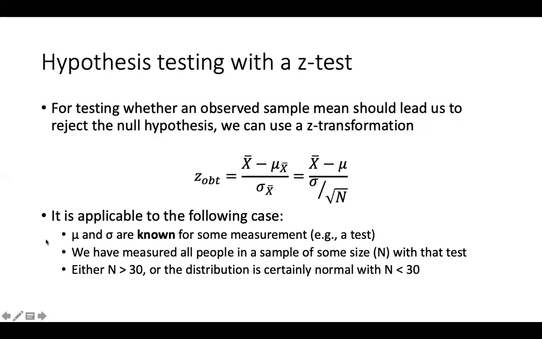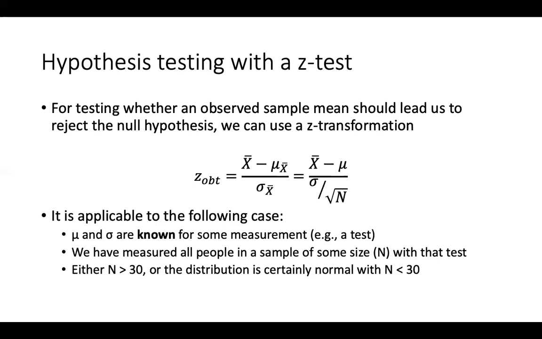We can use it whenever we're in a situation in which what we're measuring in our sample is a statistic or measurement for which we know what mu is and we know what sigma is. For example, if it was an IQ test, we generally know that mu is 100 and sigma is 16.